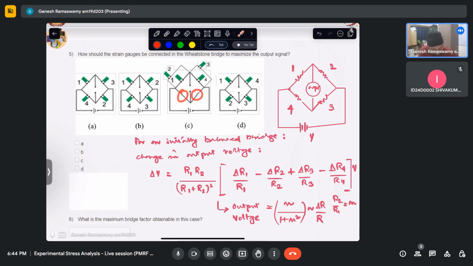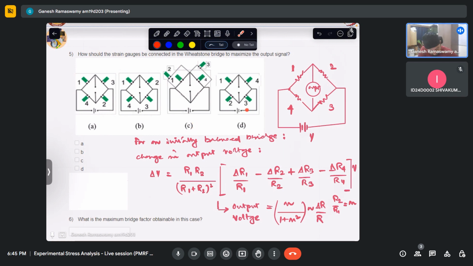We balance it out by keeping everything at 120, and then we connect it this way. So 1 and 2 are connected in parallel. So the cumulative resistance of that arm is no longer 120 ohms, which is the resistance that we chose here. Hence, this will not give an amplified output.